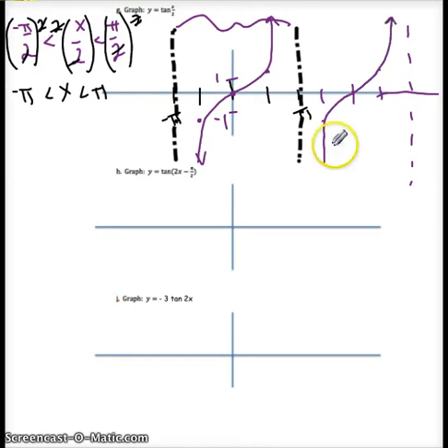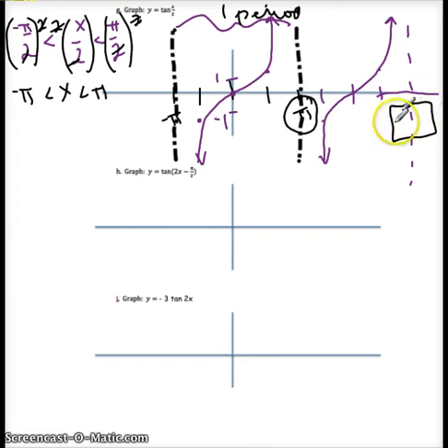But you know that I think it's important on the x-axis to label each endpoint. So we've got to figure out how can we determine how many radians this last asymptote is. We know that this distance between asymptotes represents 1 period. So if we know the length of 1 period, we can add it to pi, and that will tell us where the second or the third asymptote is located.